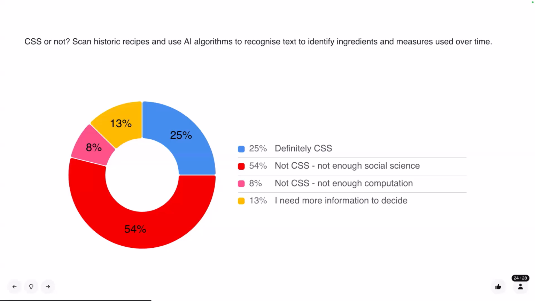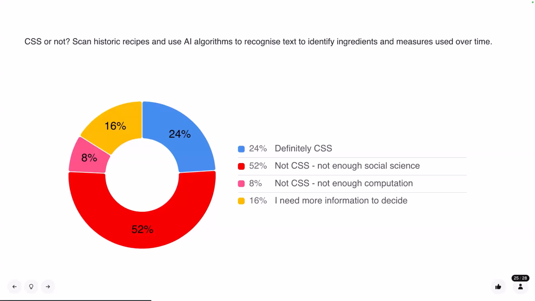Some of you have said that you need more information to decide, and that's absolutely fair enough, because it could be that it is looking at the adoption of foreign foods by wealthy people. But it also could be just a biomedical question.